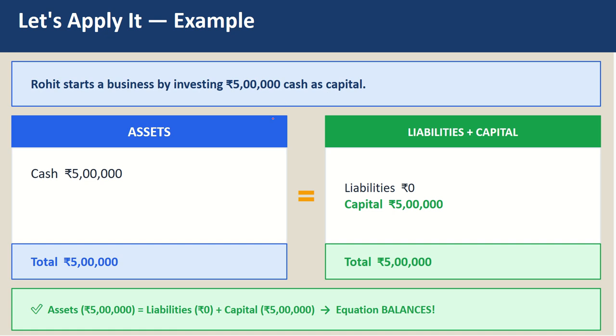Cash comes in as capital, so there is an increase in the asset. And the capital is also increased by 5 lakh, where assets equal liabilities plus capital, and capital will find place on the liability side of the balance sheet. Why? Because capital is also a liability towards the owner from the business point of view, right? Now we'll see this example.